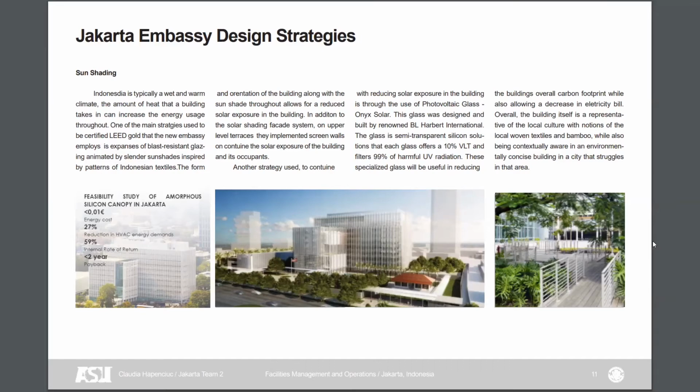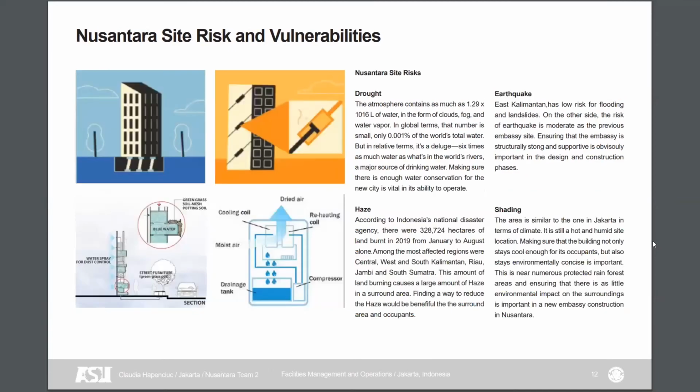This helps with lowering the electricity bill, but overall, the building itself is a representation of the local culture within the notions of the woven textile and bamboo, while being contextually aware of the environment with a concise building, since within that city, it struggles in that area.